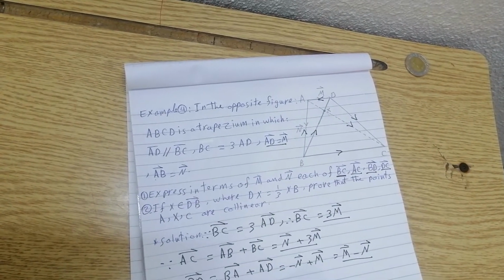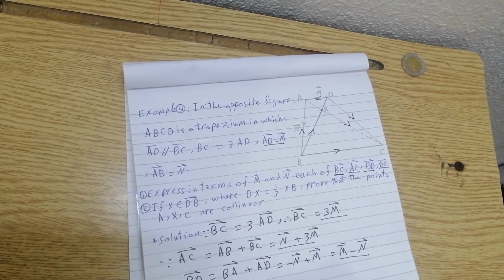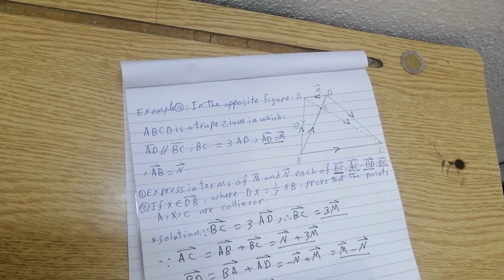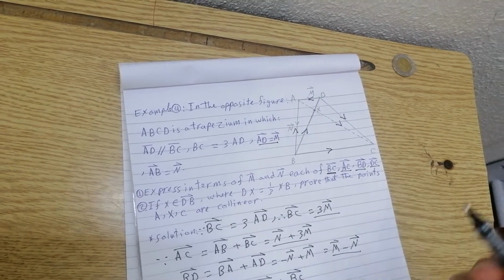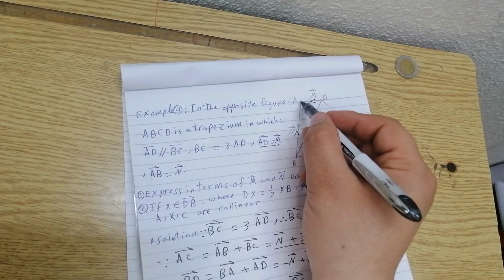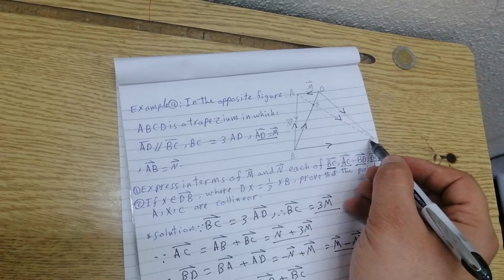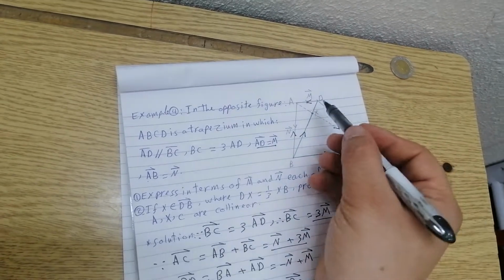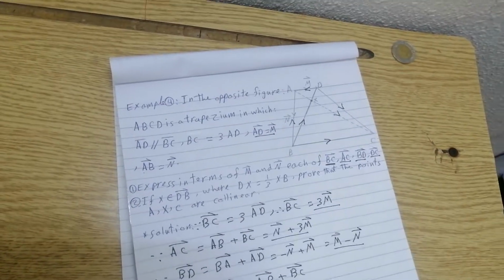We have started from D, going to A, then from A to B, then from B to C. That means the displacement covered is DC, and that's required.